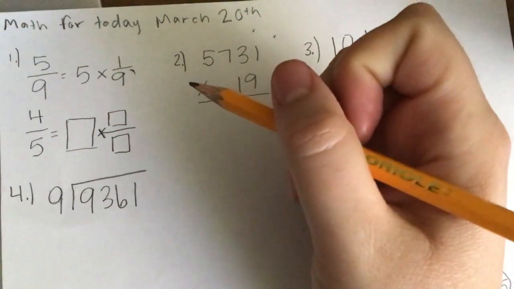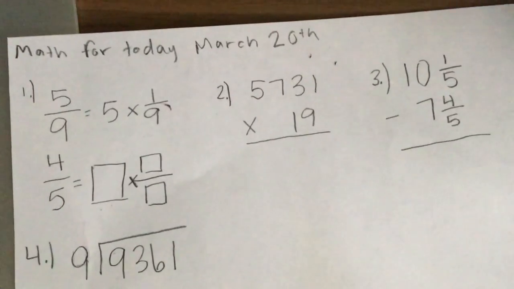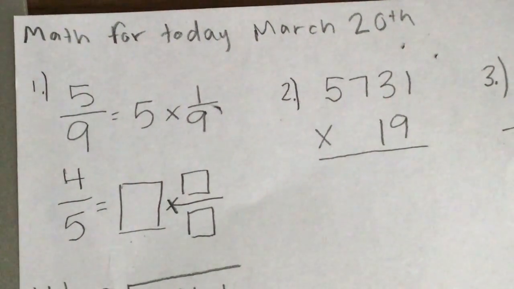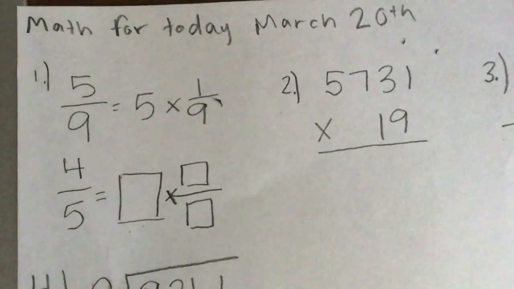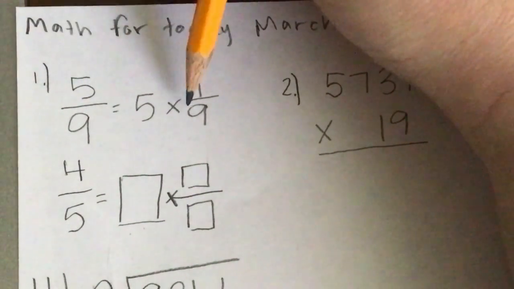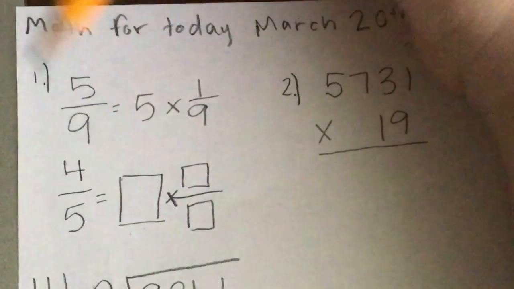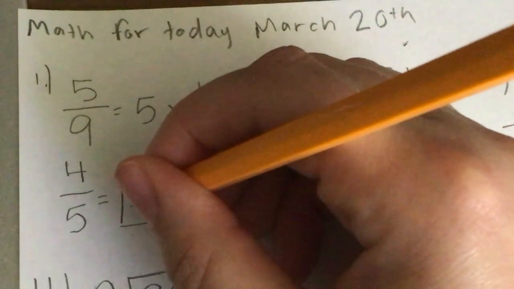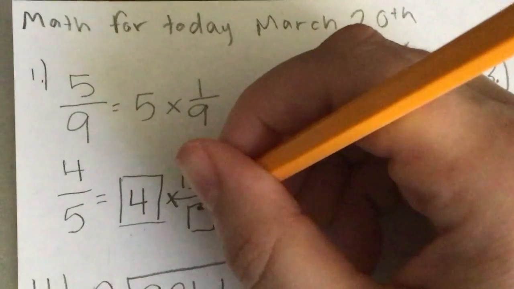Okay, let's go ahead and get started on number 1. So if 5/9 equals 5 times 1/9, 4/5 would equal 4 times 1/5.